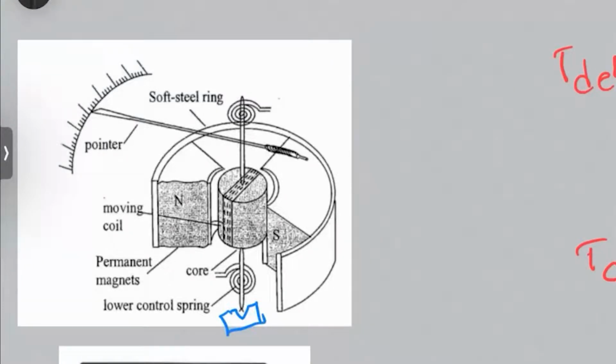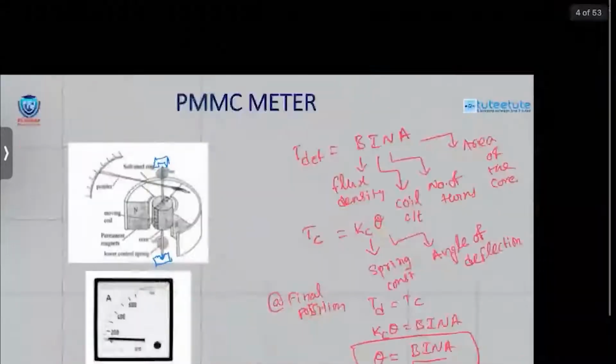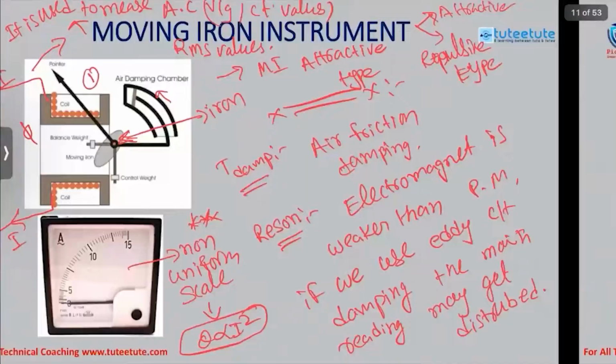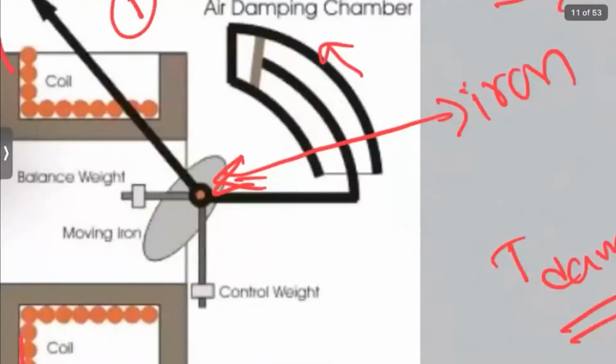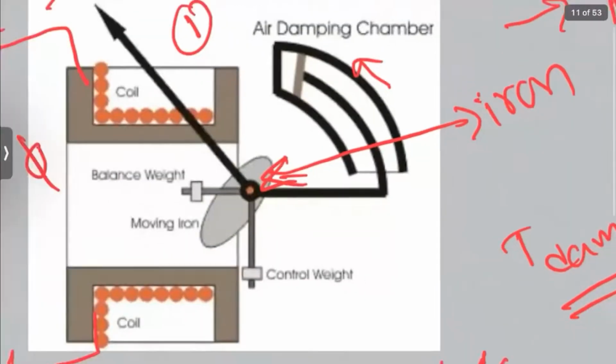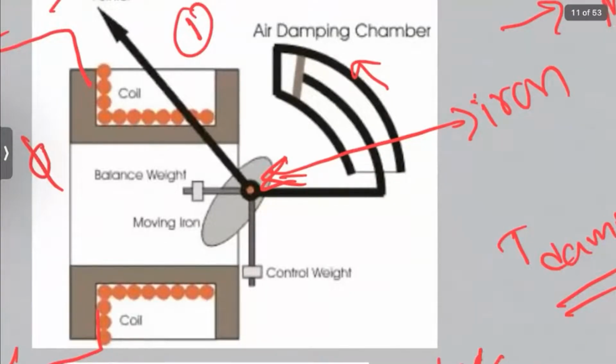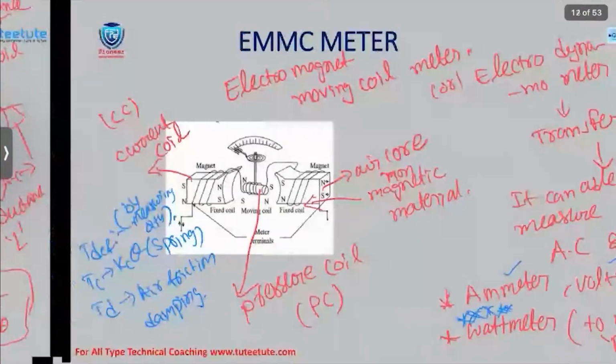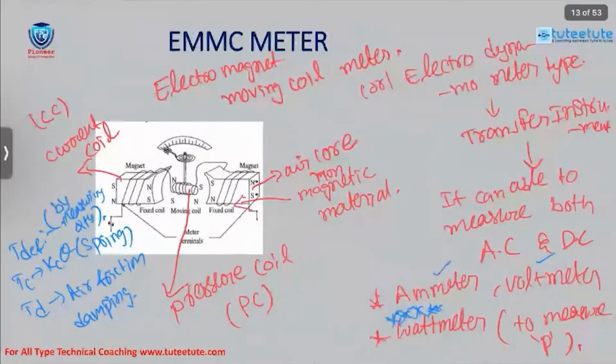Here some friction will occur, and some amount of energy is going to be wasted. The weight is more in PMMC as compared to the moving iron. In moving iron, only the iron piece weight will come in the moving mechanism. And in the dynamometer type, the coil weight is also more.